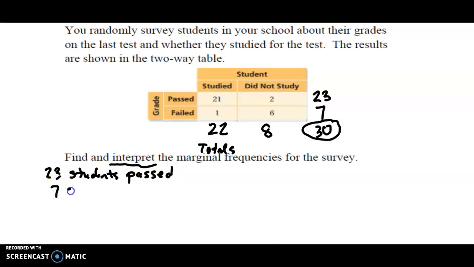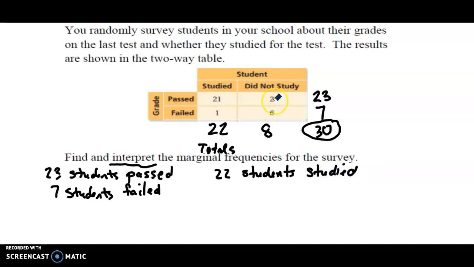7 students failed. That is the total number of students that failed the test. 22 students studied. 8 students did not study.